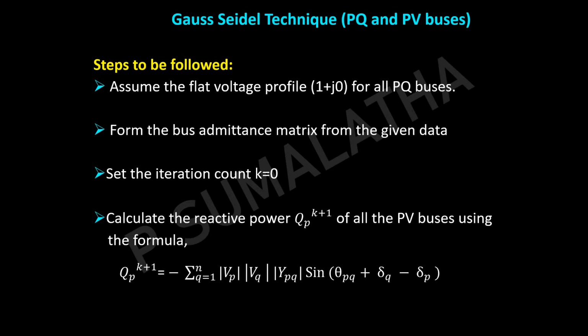Because we know the voltage V is equal to |V| at an angle δ in polar form. Now let us see the next point. Check for the Q limits. The most important point that we should concentrate on whenever you are working with the PV buses is Q limits. That means we are going to calculate the Q at any bus P at the (k+1)th iteration.